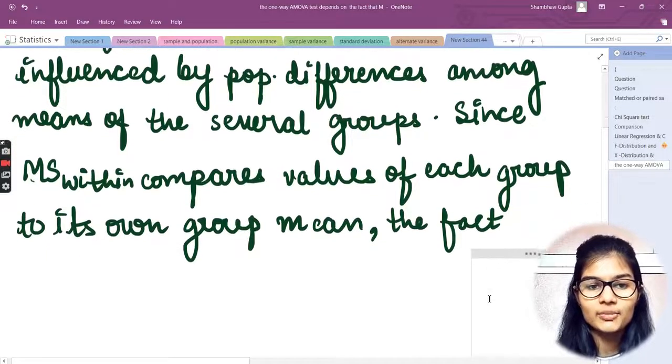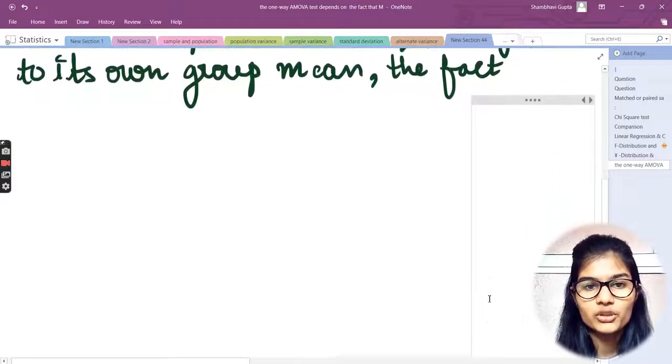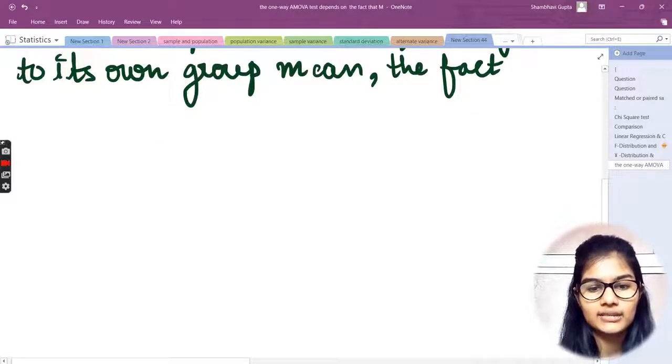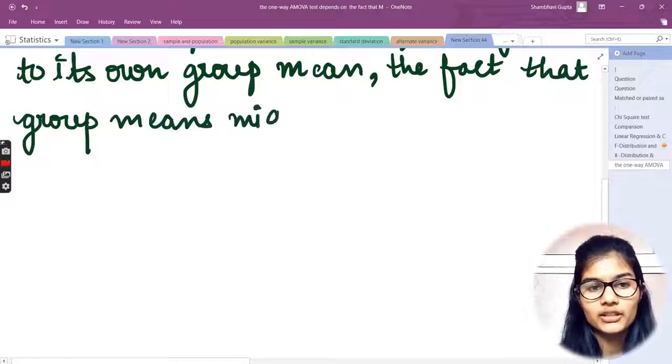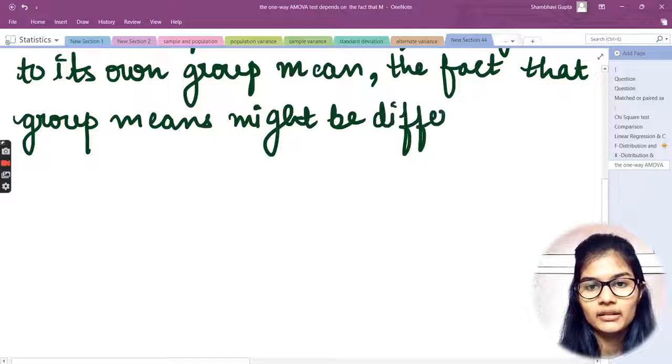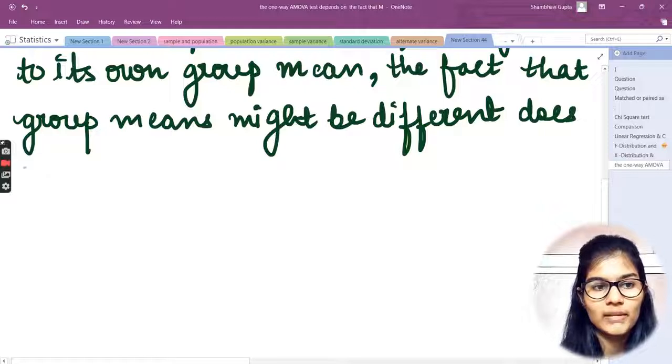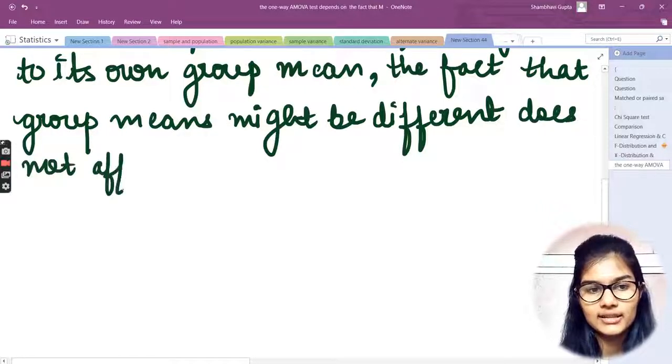So since basically MS within compares the values of each group to its own group mean, the fact that group means might be different does not affect MS within.